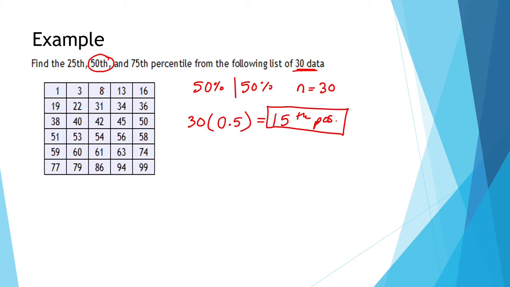Looking at the data values, I know that the 15th position is 50. So for the first solution, we have the 50th percentile is 50.